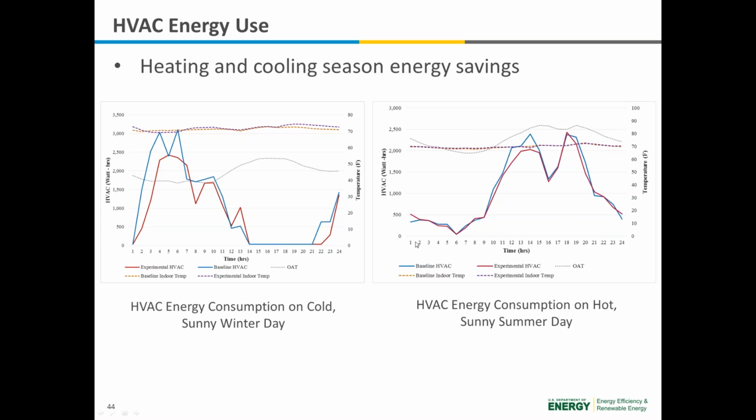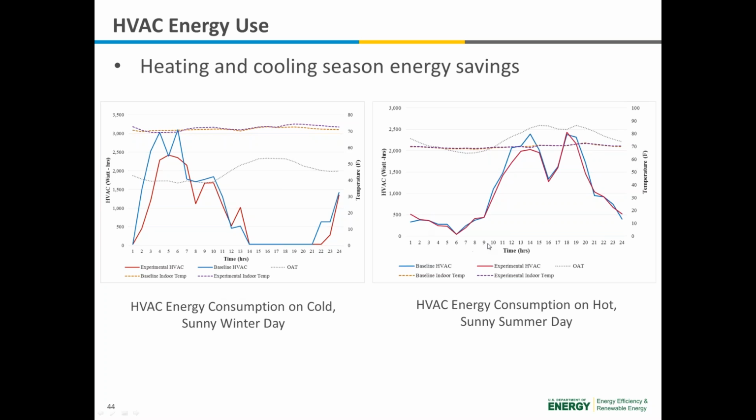On the second graph here, this was in the summer, in the cooling season. Similarly, we have watt hours on the y-axis, hours on the x-axis, and then temperature. The dotted line is the outdoor air temperature, and the other two dotted lines are the internal temperature, hovering around our 71 degree set point.